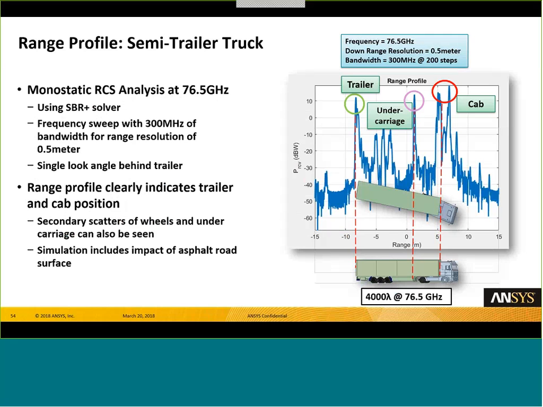And you can clearly identify the major features, and you can gain insight into some of the secondary things that are happening with the interactions of multipath that are taking place between the asphalt surface and the undercarriage and substructure of the trailer there. So it really gives an interesting and valuable tool to be able to understand some of those complex features that might not be very intuitive.